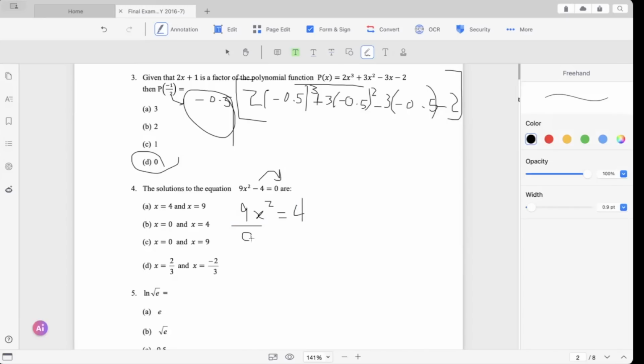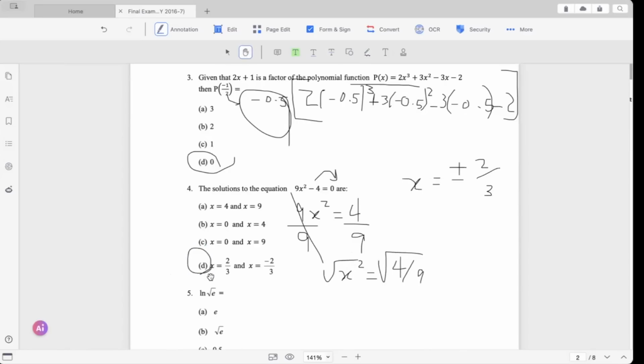Then divide both sides by 9, so this cancels. So you have x squared equal 4 over 9. To get rid of the square, use square roots. Once you square root, you are going to get plus or minus. So my answer is x is equal to plus or minus 2 over 3. So that means our answer is D.